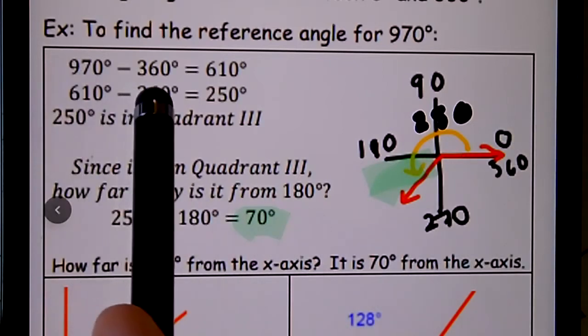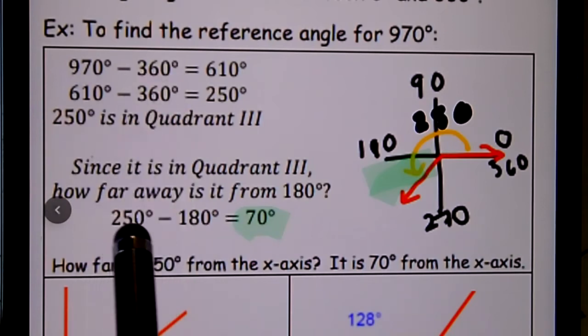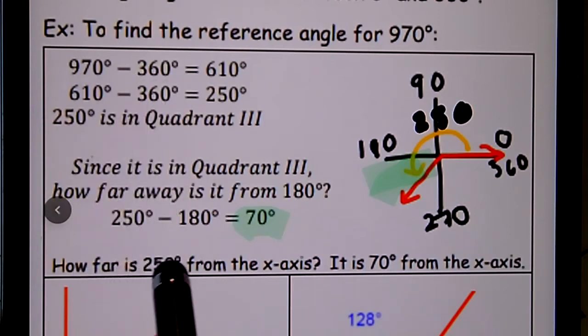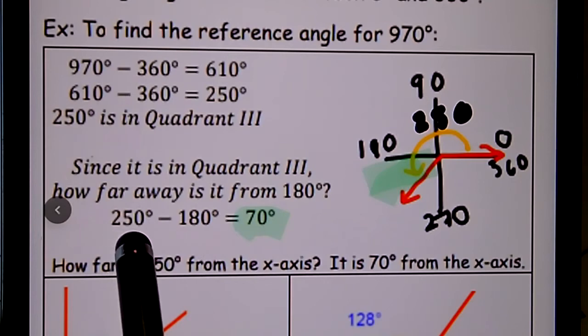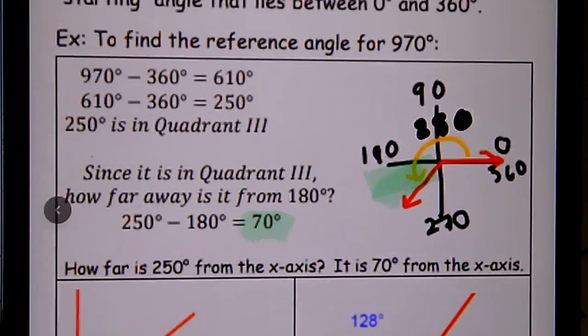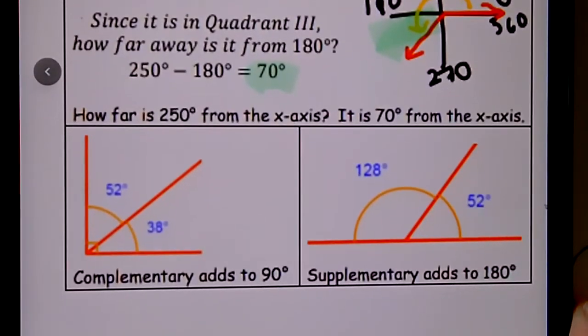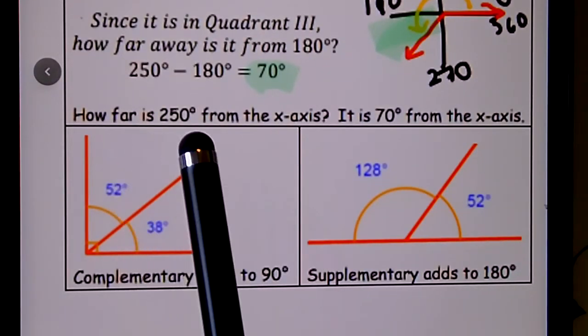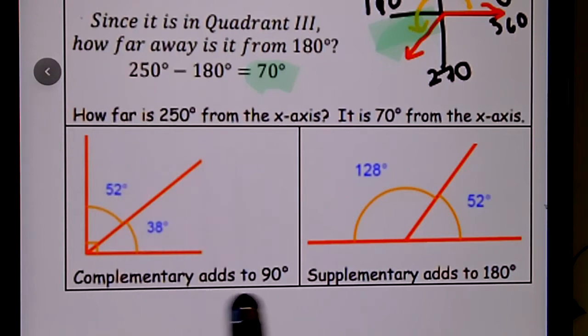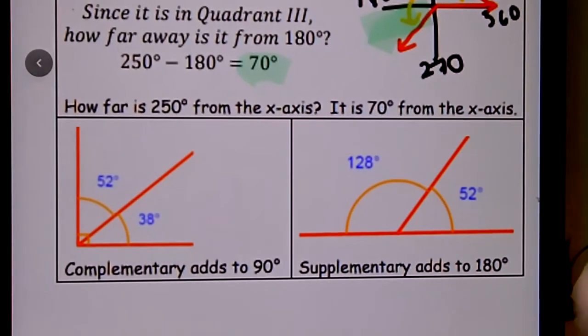So you see that I went around the circle once, I went around the circle twice, and then I went around the circle another 250 degrees, okay? Another bit of information we need is dealing with complementary and supplementary angles.